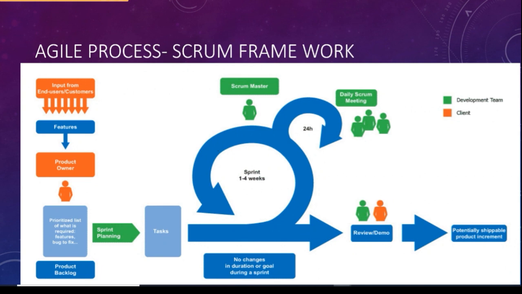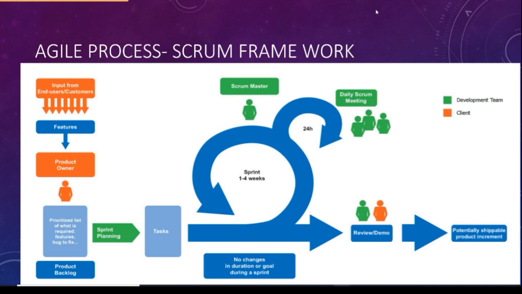Next slide. Most companies are using the agile process, and under the agile process most organizations are using the Scrum framework. Under a Scrum team, the product owner, developer, tester, and scrum master are there. In this team, the scrum master is responsible for all the meetings.